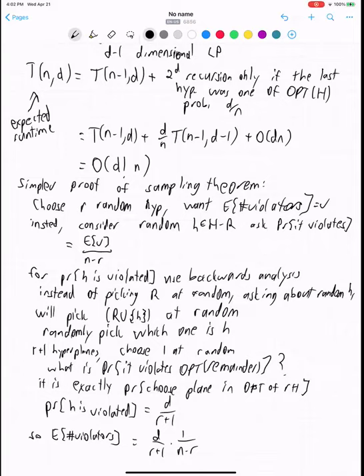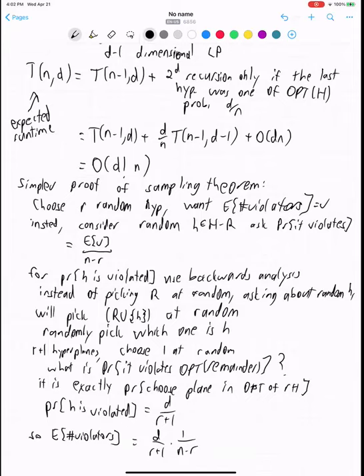Or should it be times n minus R? What was that? Should it be d over r plus 1 times n minus r? Oh, that's interesting. How did I end up with a denominator instead of a numerator? Oh, because I put it on the wrong side. So this formula is correct.